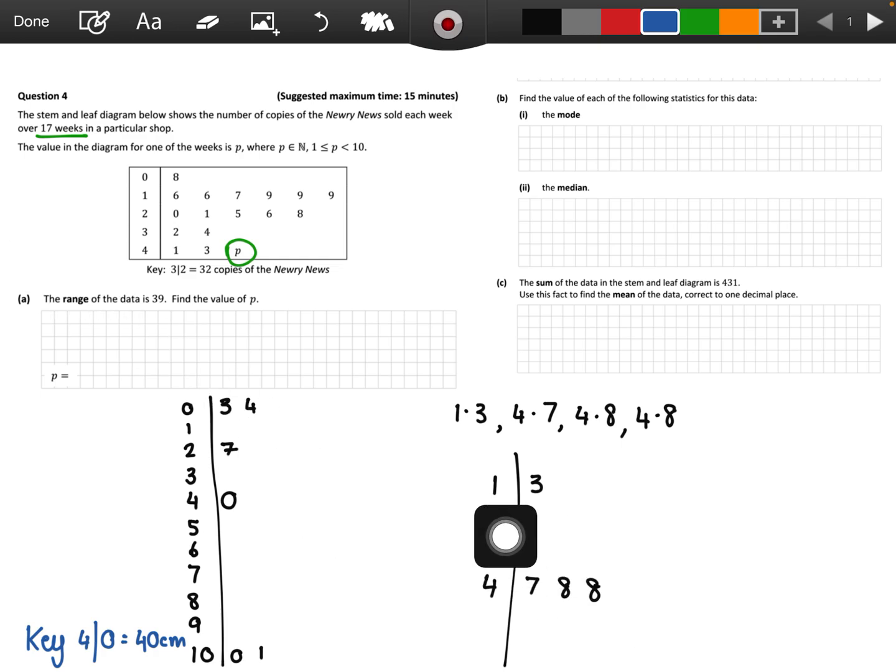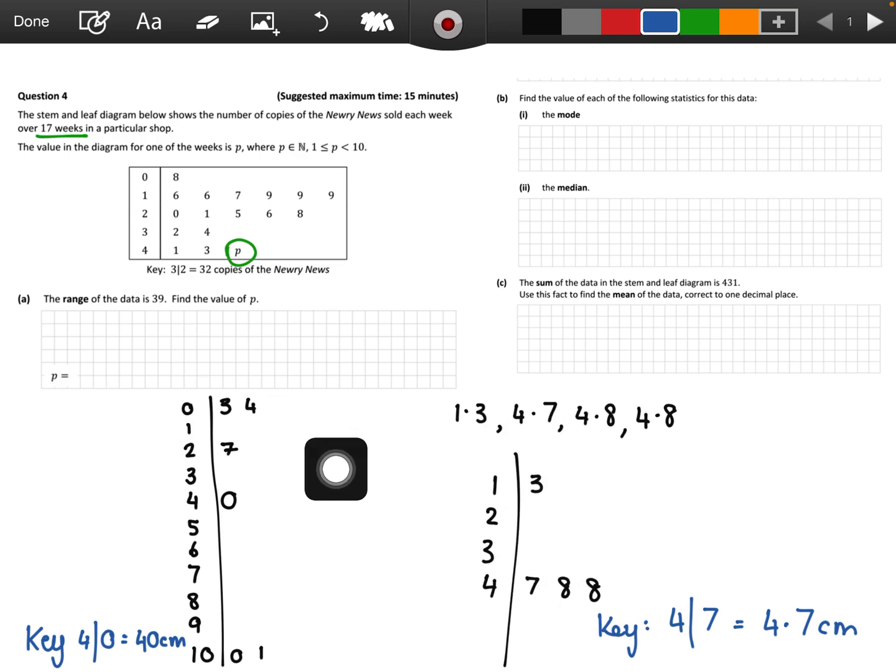Here, if I have 4 line 7, that doesn't mean 47. I just show in my key that it actually means 4.7 centimetres. So we know that any digit in the leaf is always going to be a positive whole number because it's always the very last part of the numbers.